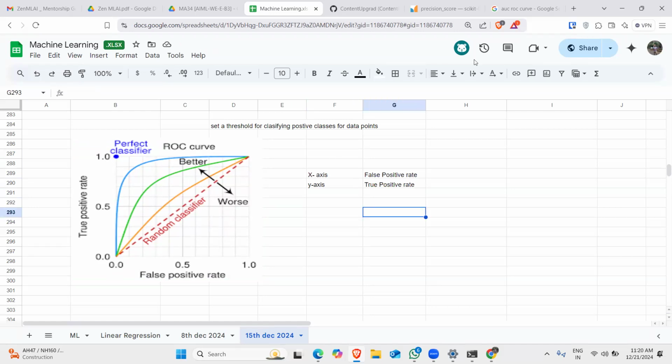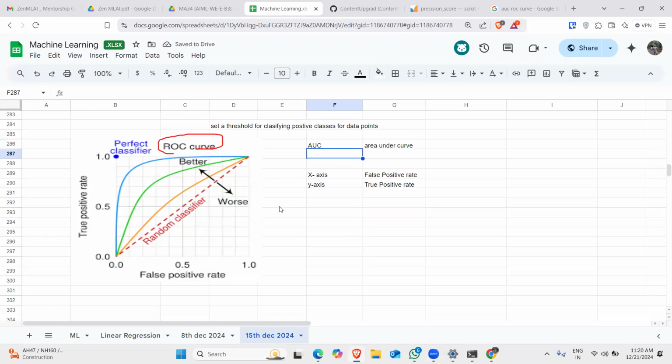So this is known as the receiver operating characteristic, ROC, and AUC is nothing but the area under the curve, which gives us an idea about how good the model is.